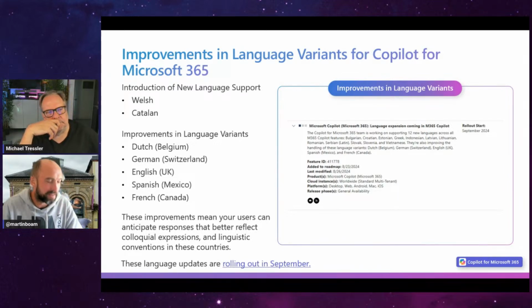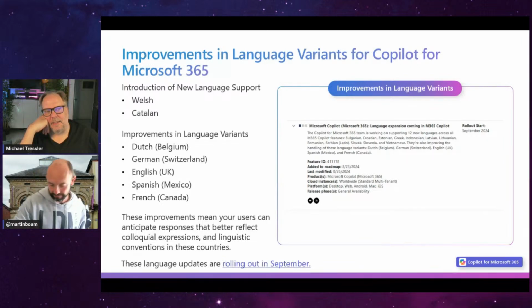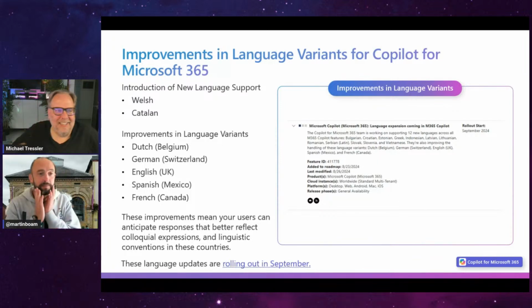And when I was presenting at UC Expo in Manchester, somebody from Spain mentioned Catalan. When's Catalan coming? And here it is. So I think there were probably huge requests from customers, particularly Welsh customers, and maybe customers in Catalan.